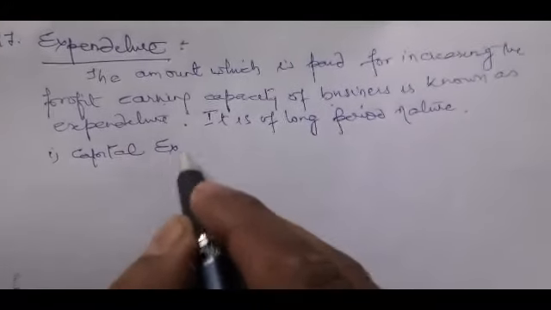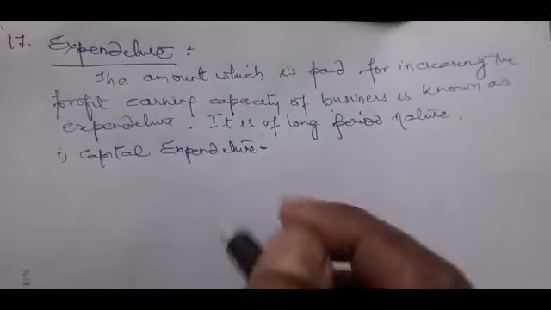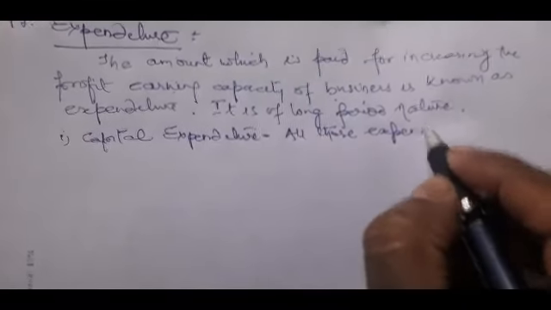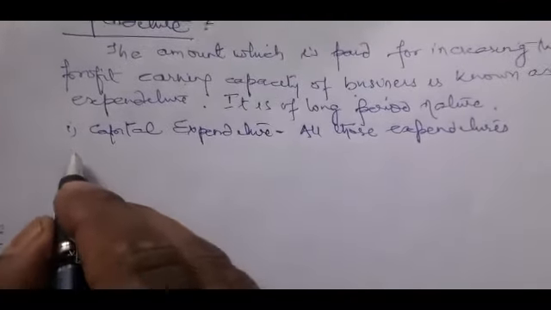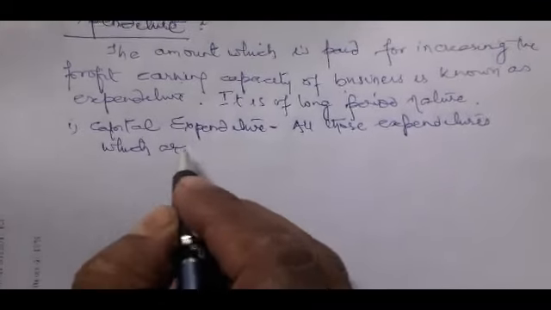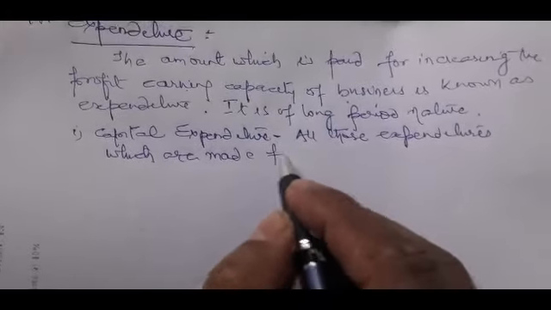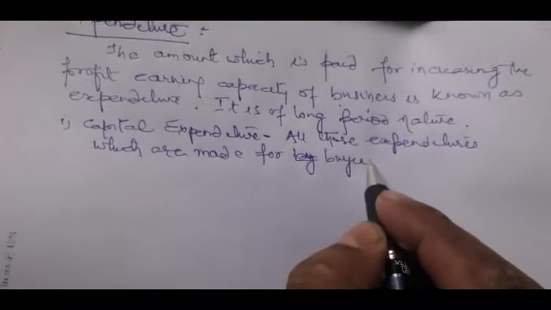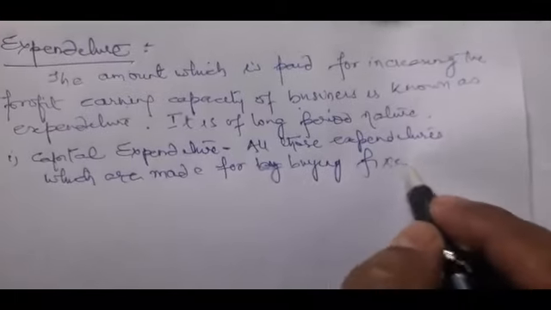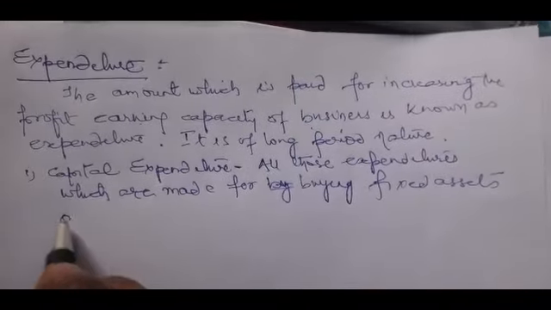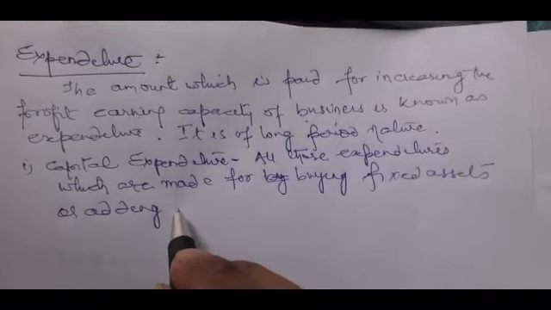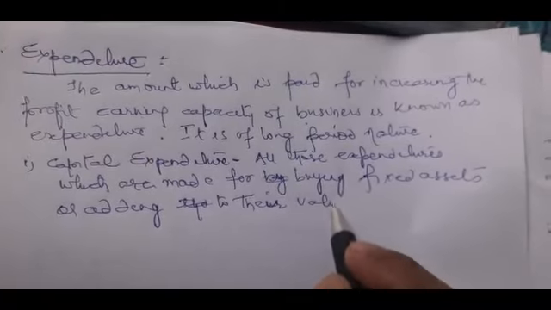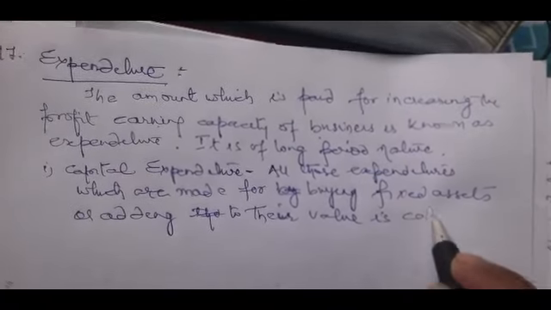First one is capital expenditure. All those expenditures which are made for purchasing, acquiring, or for buying fixed assets or adding to their value is known as capital expenditure.